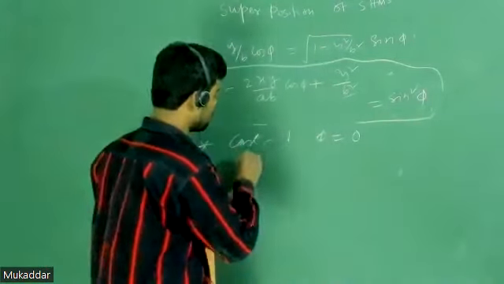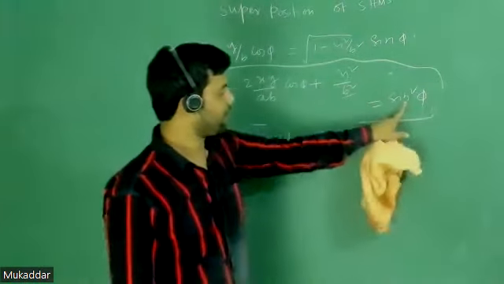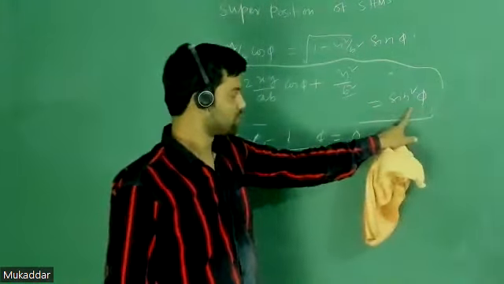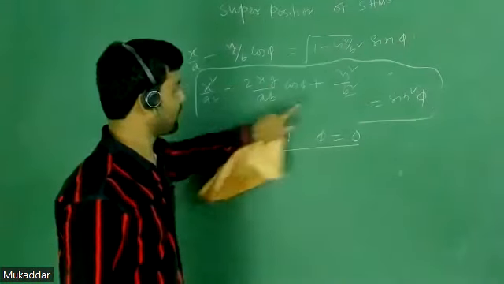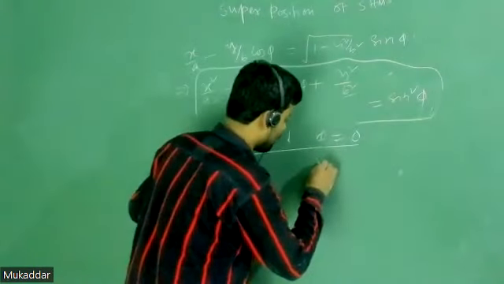So here you have sine phi, this will be how much? 0. And cos phi will be how much? 1. So x square by a square minus 2xy by ab plus y square by b square, that is nothing but what? The trajectory is linear. Obviously, it will be linear.